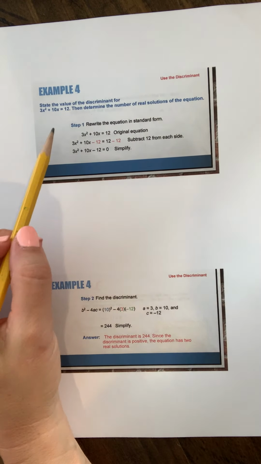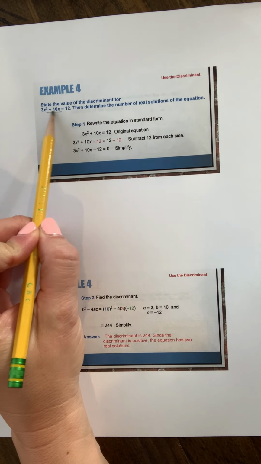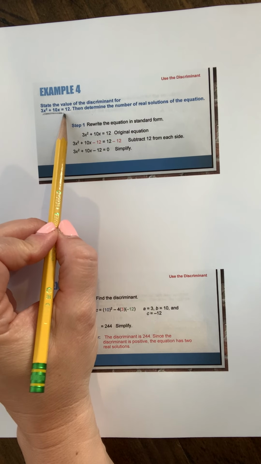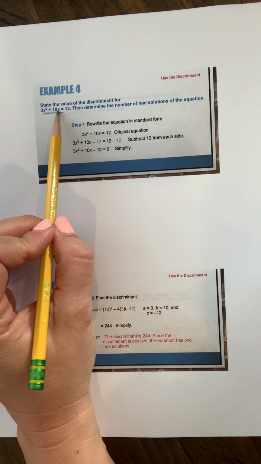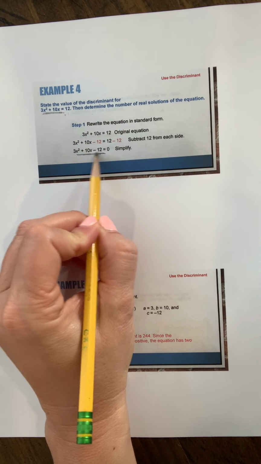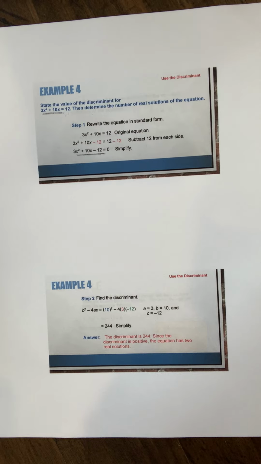It says state the value of the discriminant, and then here is your quadratic. Once again, this is not standard form. You have to subtract 12 and move it over. Once I subtract 12, this is what I get. I get my quadratic in standard form, so now I can work the discriminant.